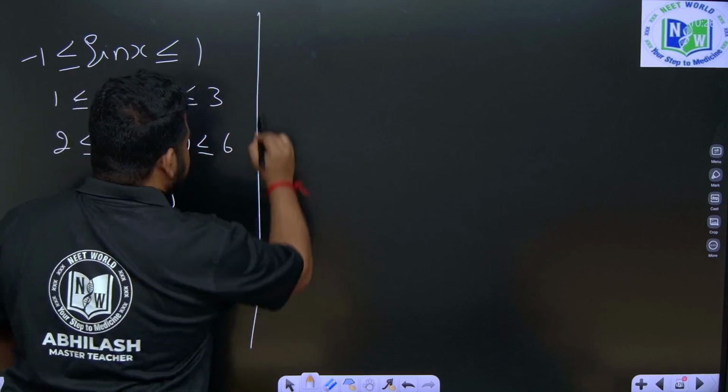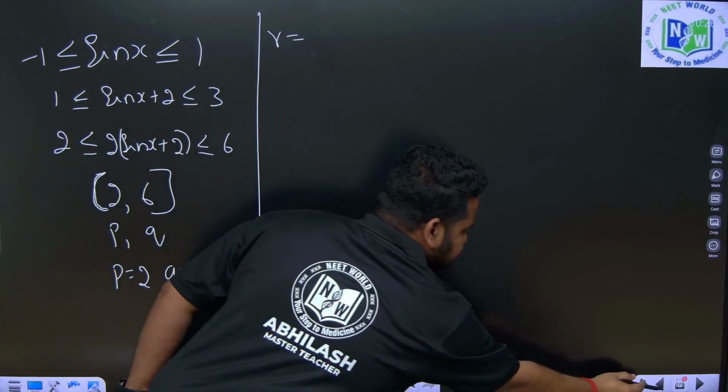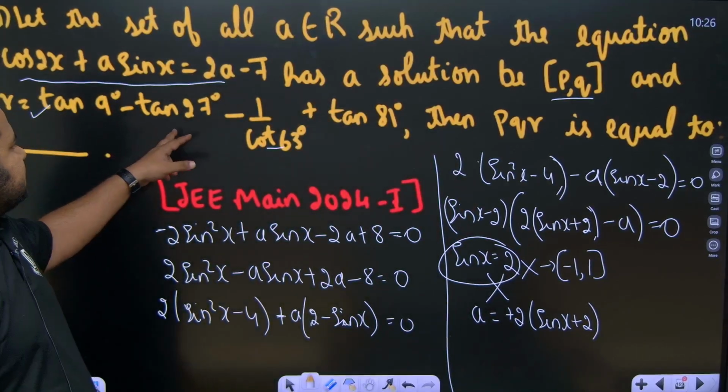Now we have to find out r. What have they given, friends? R is equal to tan 9 degree minus tan 27 degree.